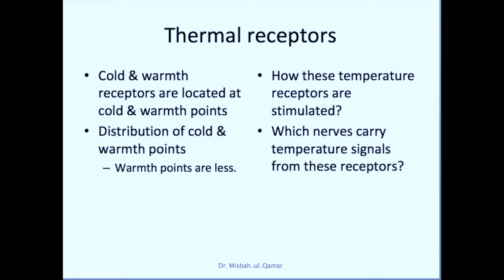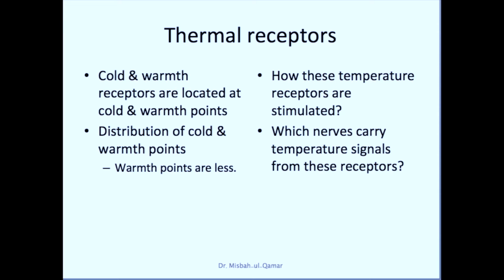Now, let's get into the depth of these thermal receptors. First, we go with their location, then their pattern of distribution, and finally, we will have a peek at how they work. Except that we won't stop there. Instead, we will learn which nerves carry the thermal messages to the ultimate center, and by taking which route.